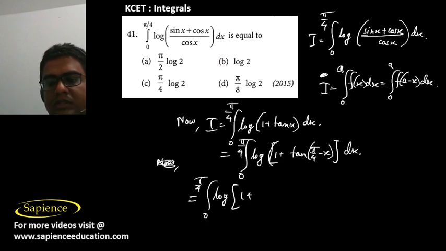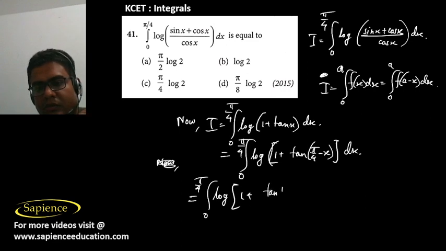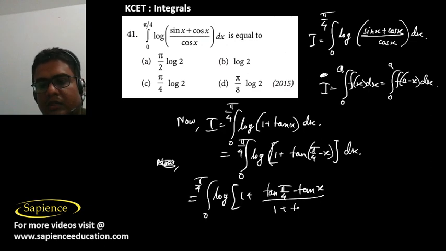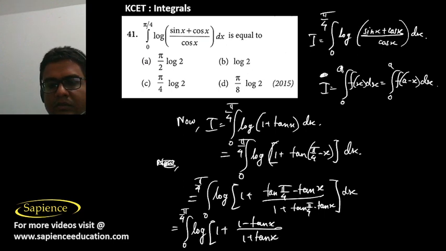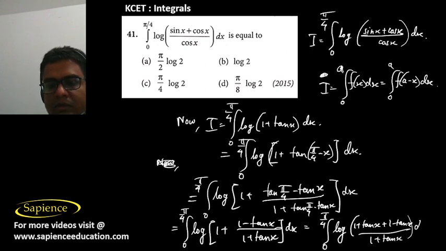This can be written as 1 plus tan pi by 4 minus tan x by 1 plus tan pi by 4 into tan x, dx. So this will be equal to integral 0 to pi by 4 of log of 1 plus 1 minus tan x by 1 plus tan x dx.